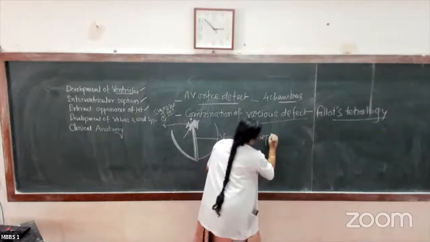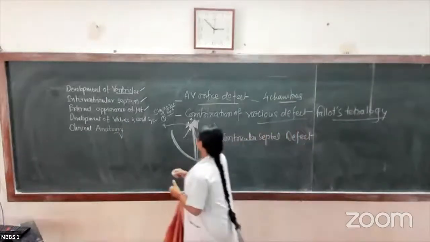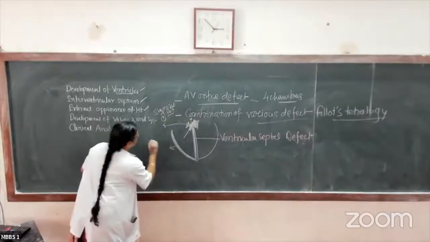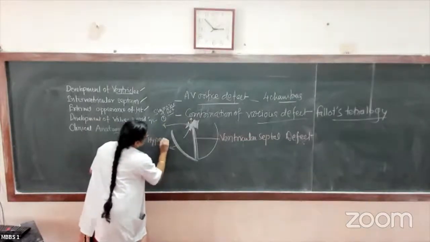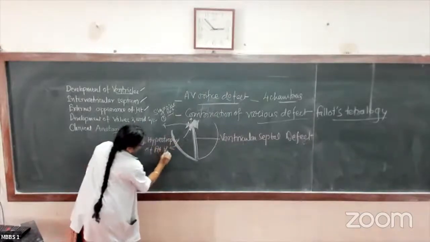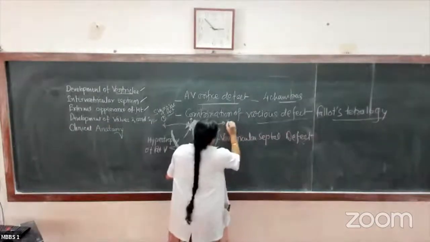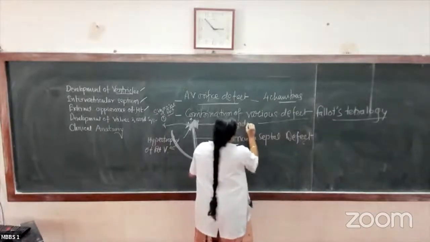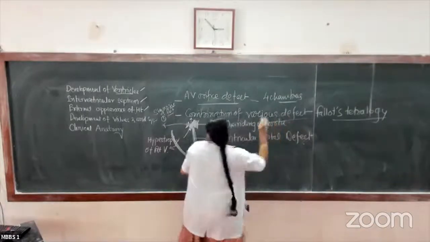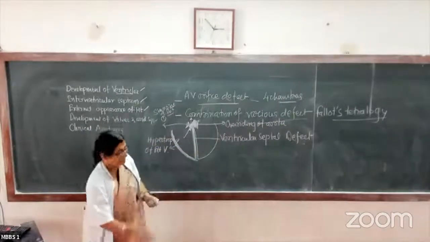So, the four parts of Fallot's tetralogy are stenosis of the pulmonary trunk, hypertrophy of the right ventricle, overriding of the aorta, as there is a space it will come to the right, and ventricular septal defect. So these are the four components of Fallot's tetralogy.